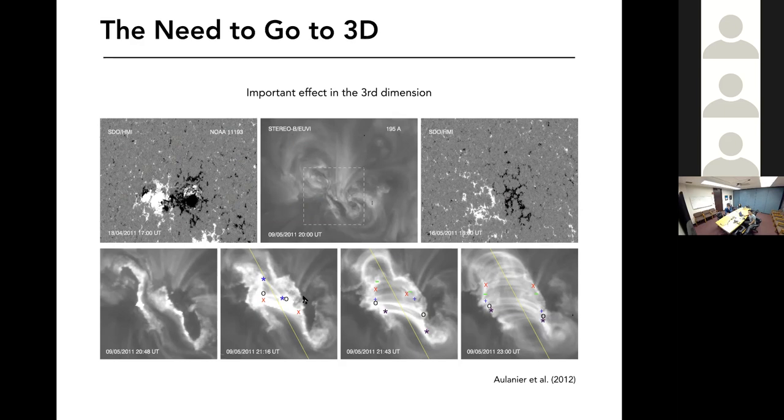Pre-flare, the loops are sheared, more parallel with respect to the neutral line. But after the flare, if you look at the same foot points, the loops are more perpendicular to the neutral line. So that's a sign of reduction of non-potentiality. That's also obvious in observation.